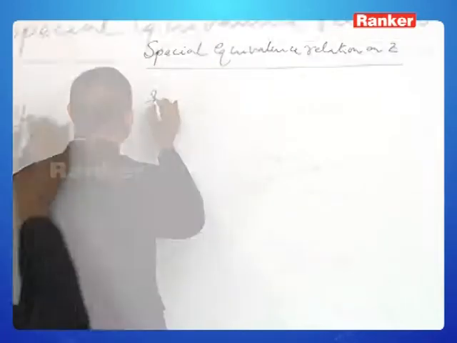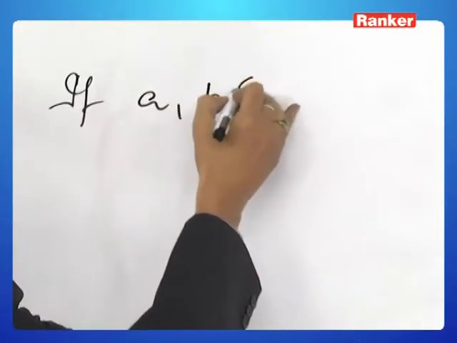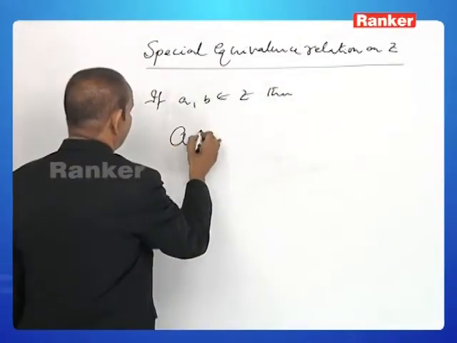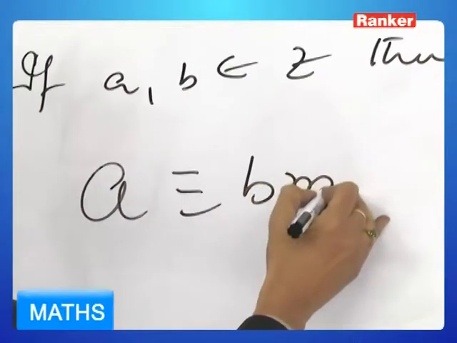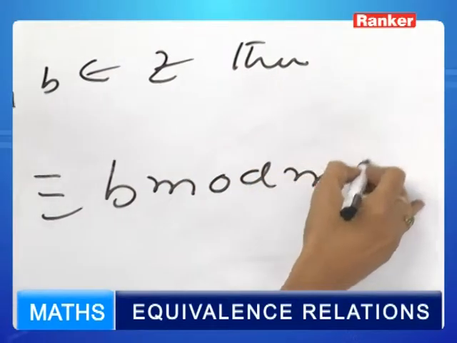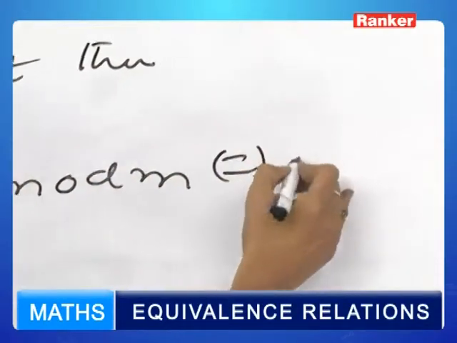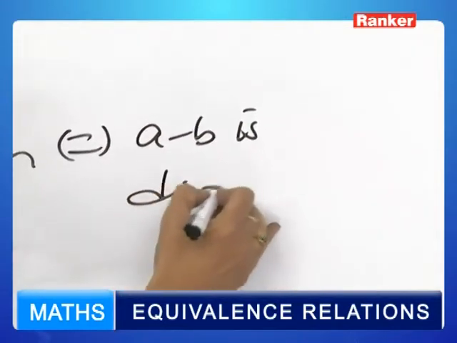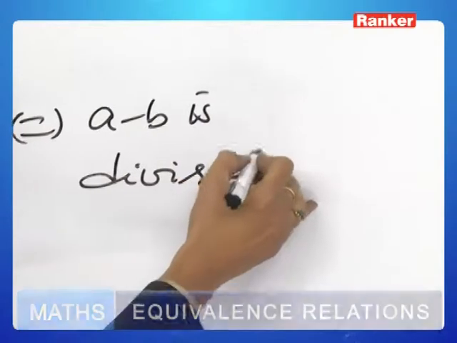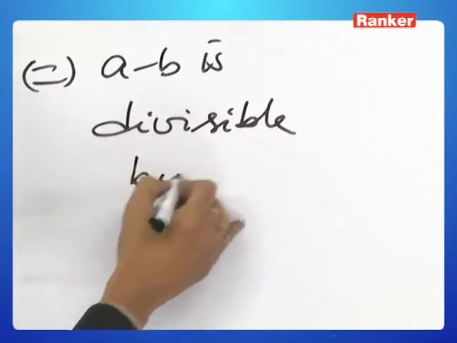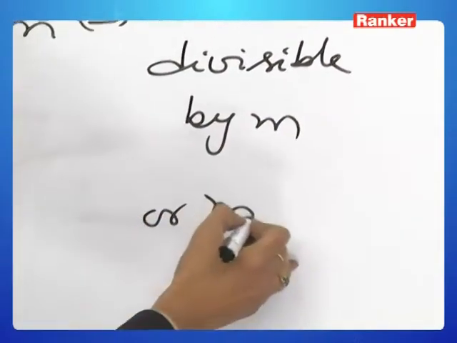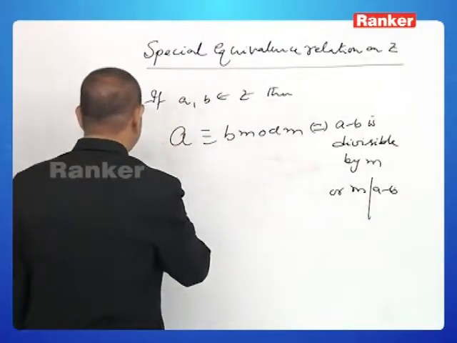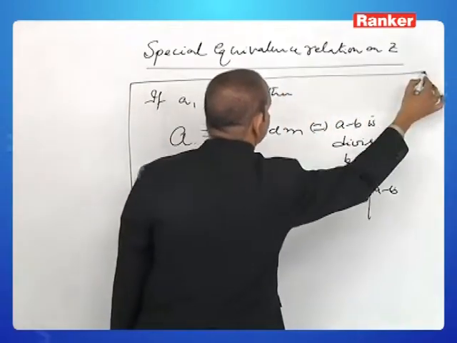If a, b belong to Z, then a is congruent to b mod m if and only if a minus b is divisible by m, or m is a factor of a minus b. This is a very beautiful definition on the set of integers.